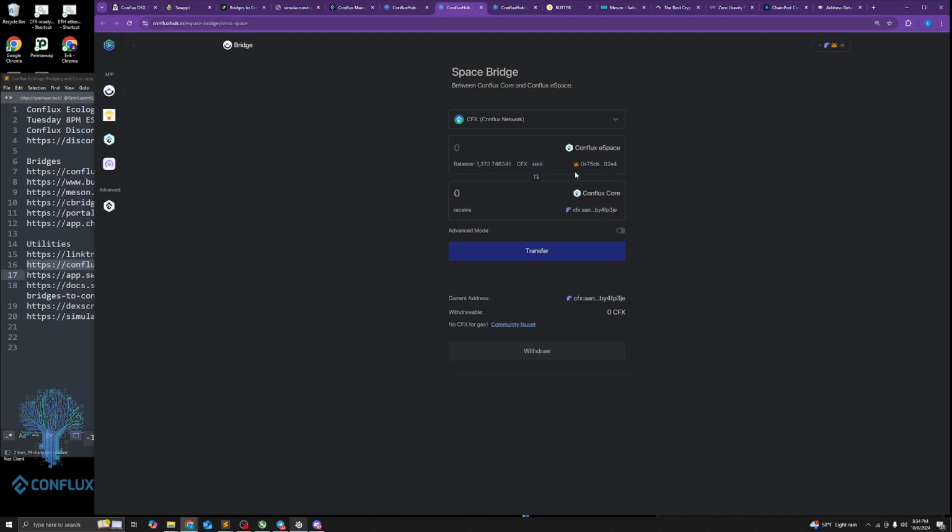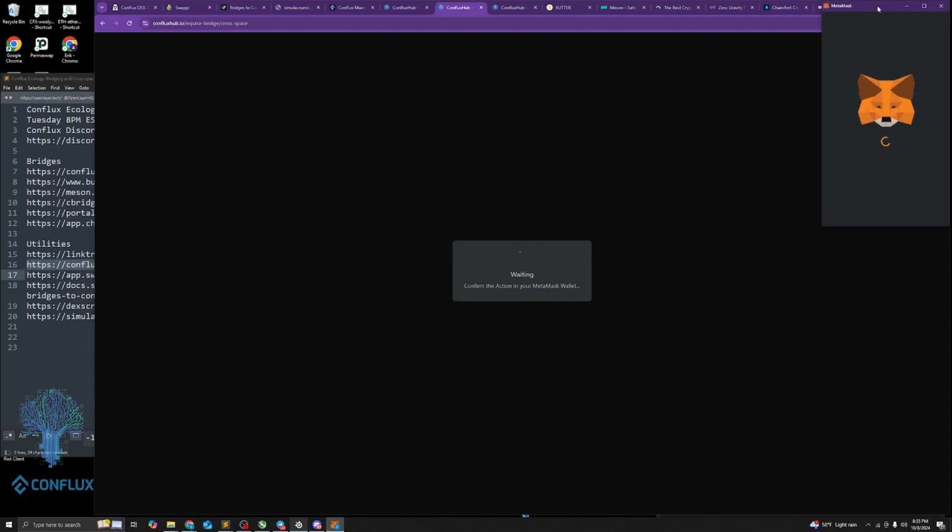It's a cross space bridge, but it's not actually a true bridge, because this is guaranteed to process. It's part of the chain. There's no intermediary that can be manipulated, so essentially zero risk. So I'm going to say take my eSpace to core, transfer please.